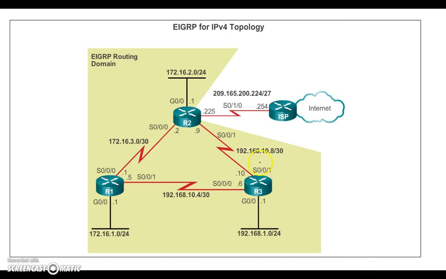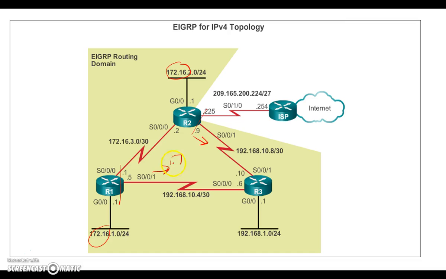Looking at the topology again, R3 is connected to the 192.168 network. R2 is connected to the 172.16, and R1 is also connected to the 172.16. When R2 and R1 send the routing update, it is sent out at the classful boundary, which is here and here for R2 and R1.